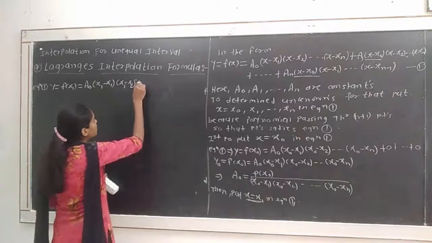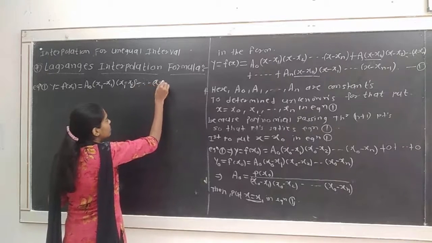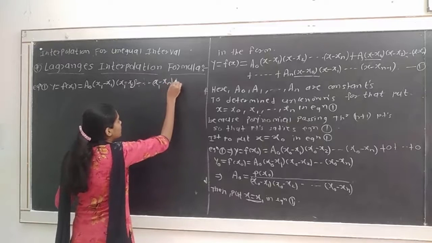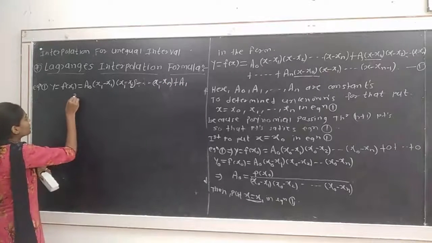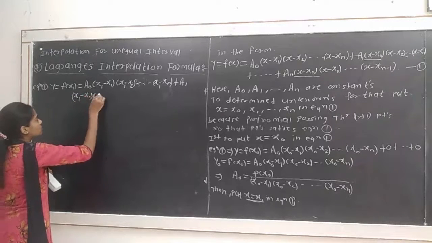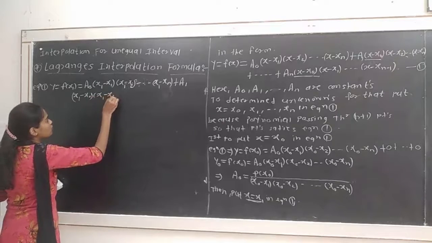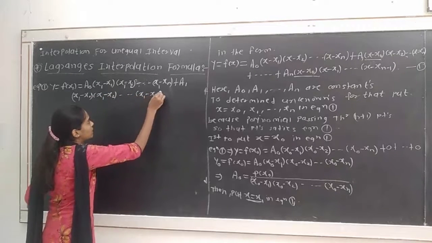Then in the second term, plus up to x minus xn plus a1, then we get x1 minus x0, x1 minus x2, up to x1 minus xn.